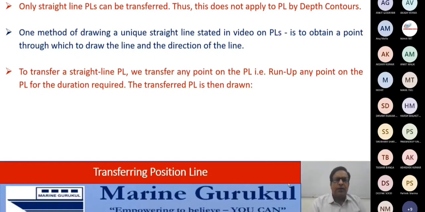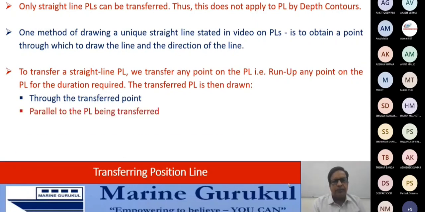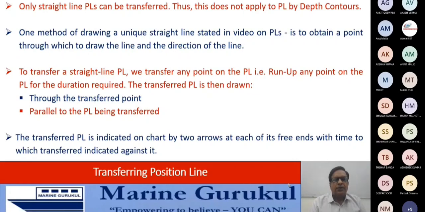And the transferred PL is then drawn through this transferred point, and the direction of the transferred PL is the same as the direction of the PL being transferred or the first PL. The transferred PL is indicated on the chart by two arrows at each of its free ends with time to which it is transferred indicated against it.